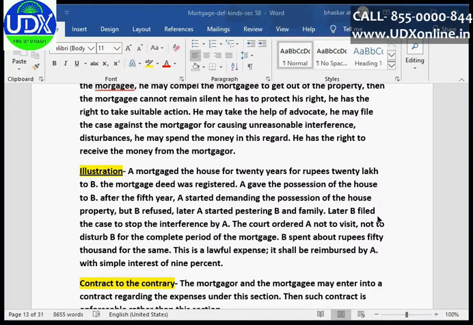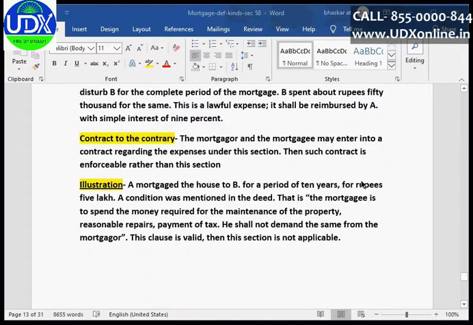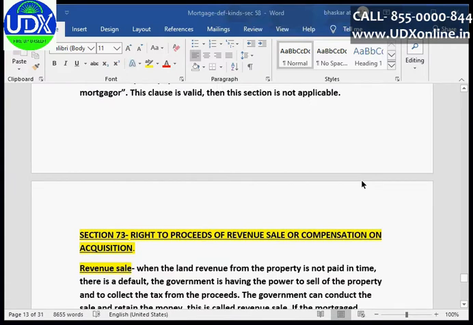So, the mortgagee can protect himself from the pain, from the harassment, from the interferences, from the trouble of the mortgager, and also he shall have the right to be reimbursed by the mortgager. Okay? So, this is very simple and you can easily remember this one.